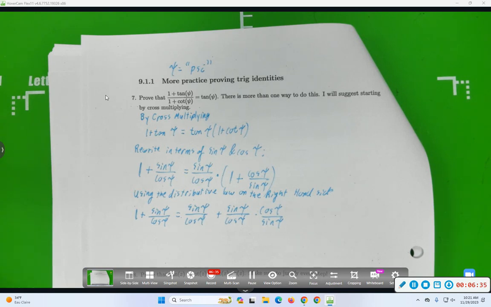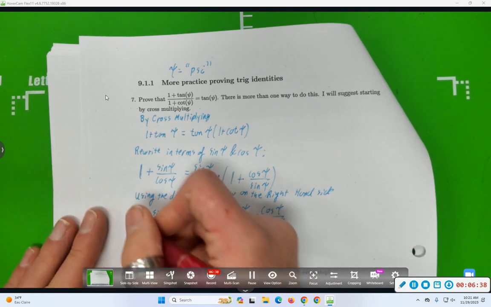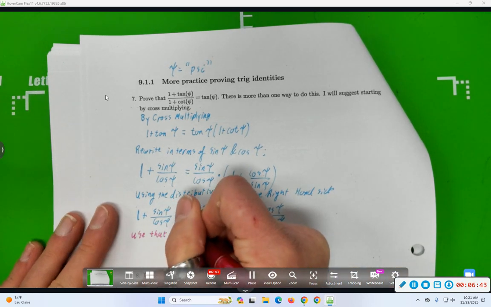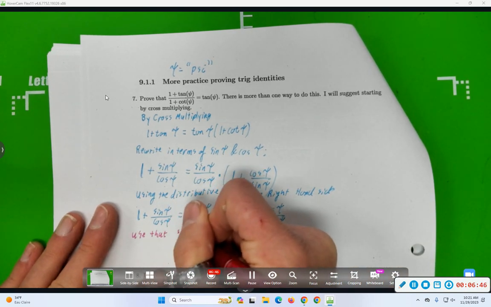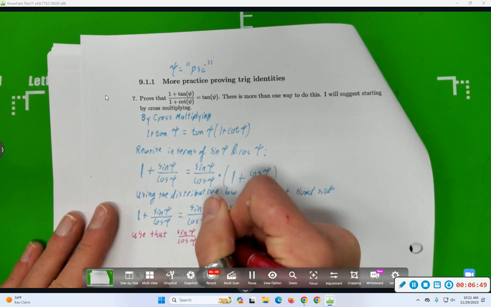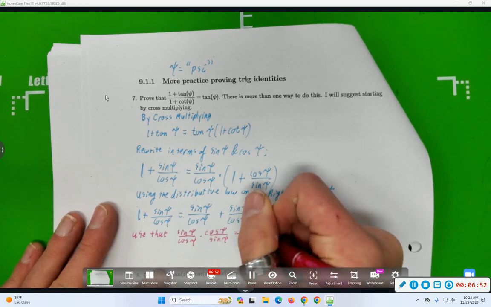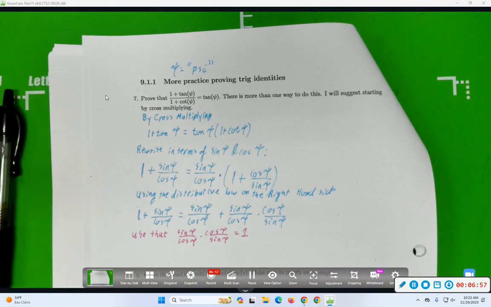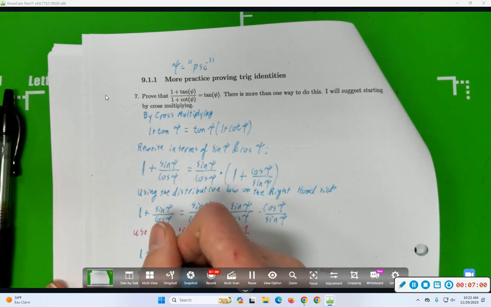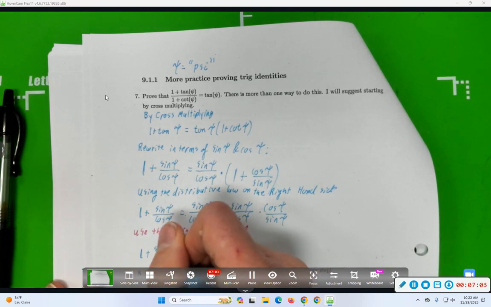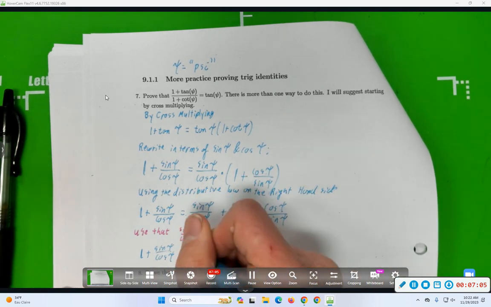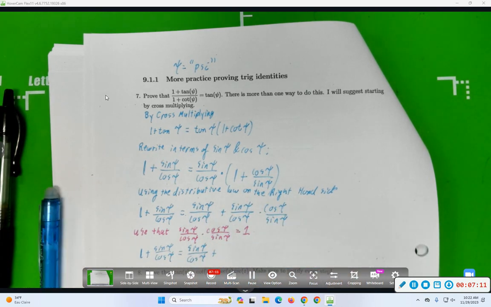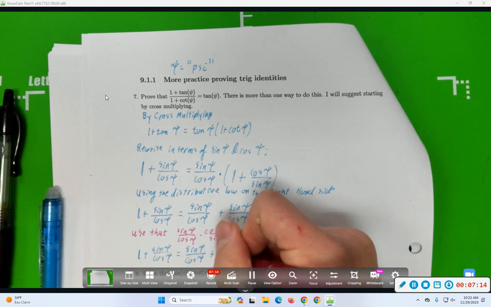So let's write down, in fact, basically exactly what you said. Let's use that sine psi over cosine psi times cosine psi over sine psi equals 1, because it does. So what do I wind up with? 1 plus sine psi over cosine psi equals sine psi over cosine psi plus 1.